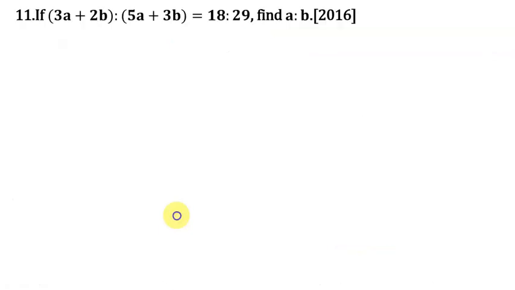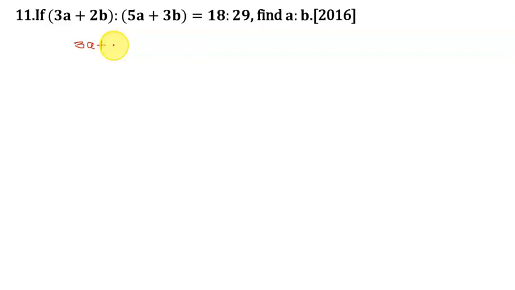Now next, if 3a + 2b as to 5a + 3b is equal to 18 as to 29, find a as to b. Now here, if we observe the problem, the coefficients of a and b are different.